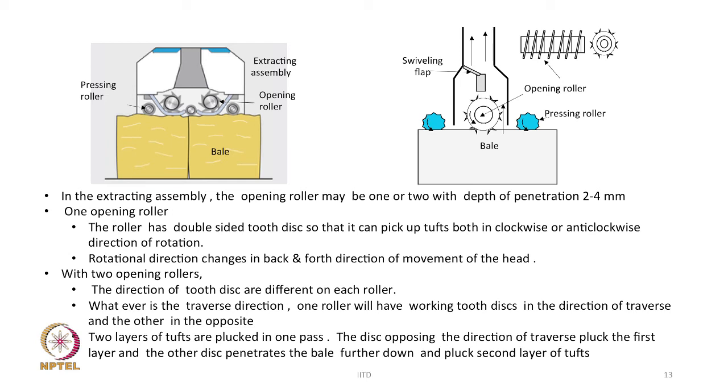Because it travels back and forth, the direction of rotation has to be changed. If we have tooth discs with angles in both directions, then while it is coming back, the teeth which are in the opposite direction will now work on the bales.